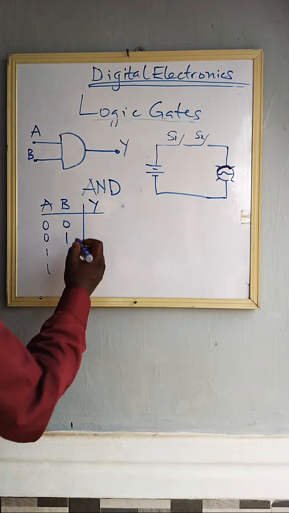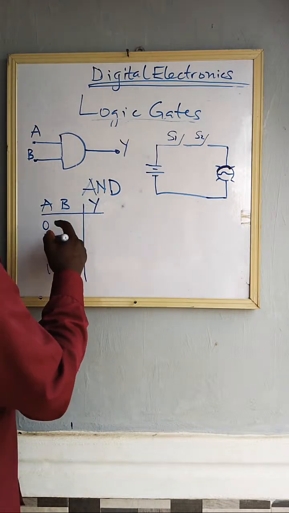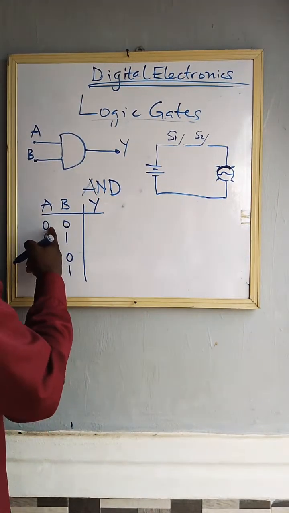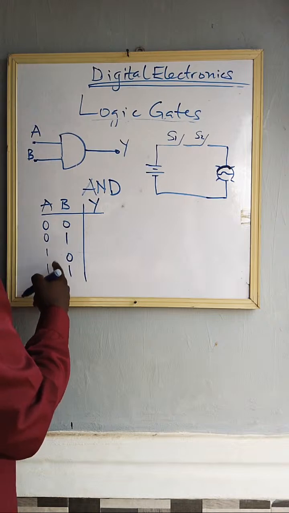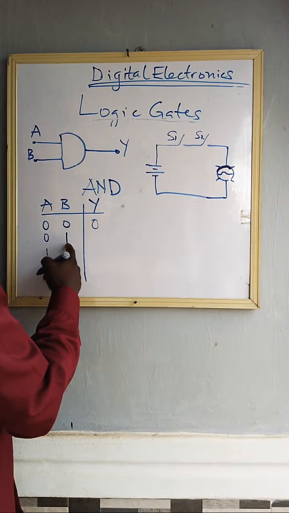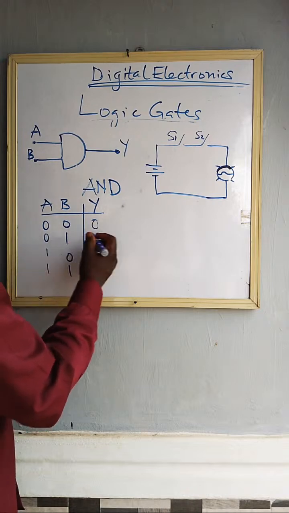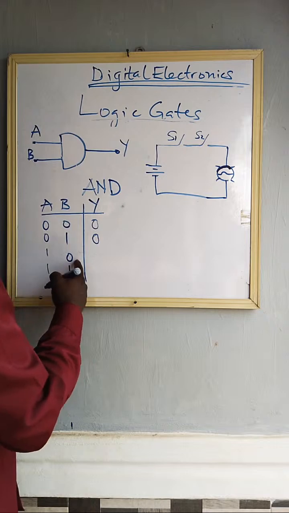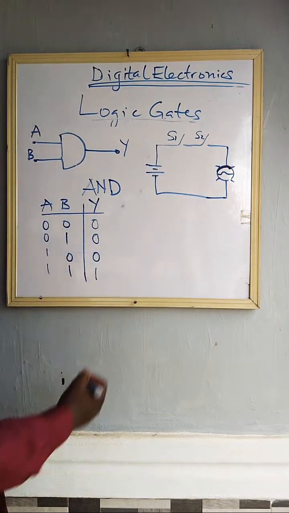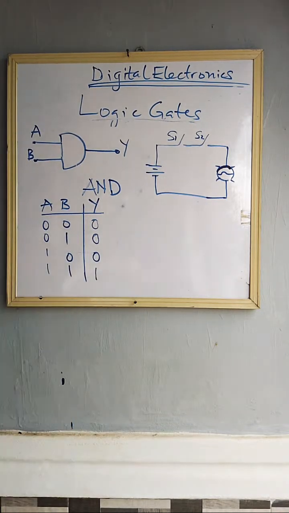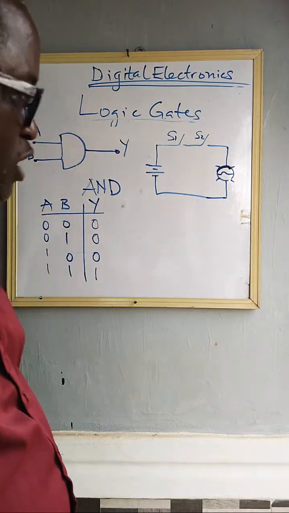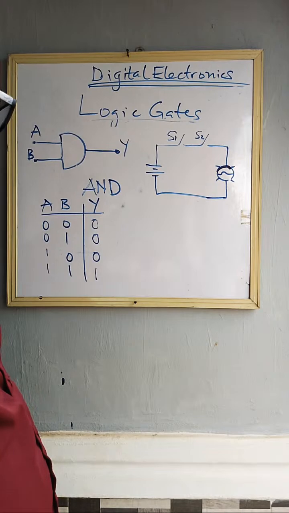For the function of the AND gate, let us look at the output that we are going to have. 0 and 0, we are going to have 0. 0 and 1, this one is off, one is on, we still have 0. 1 and 0, we have 0. But 1 and 1, we have a 1. And this is the simple function of the logical AND gate. This is the way the logical AND gate functions.